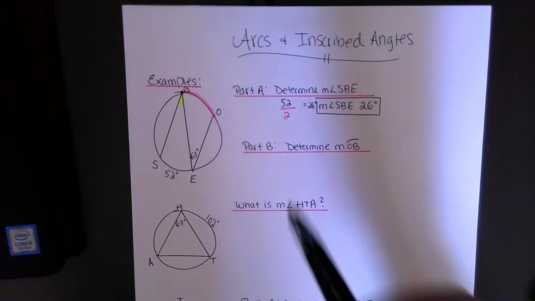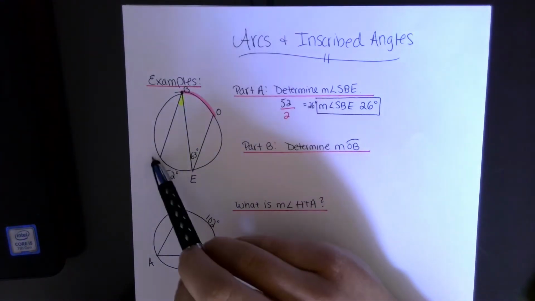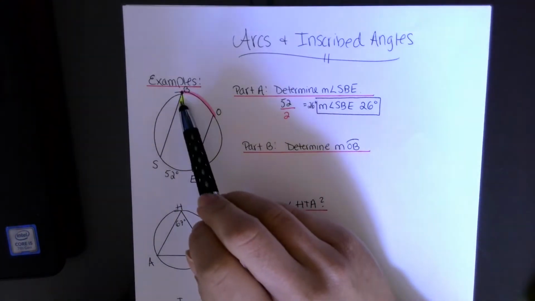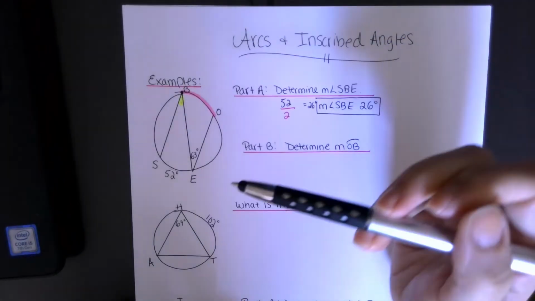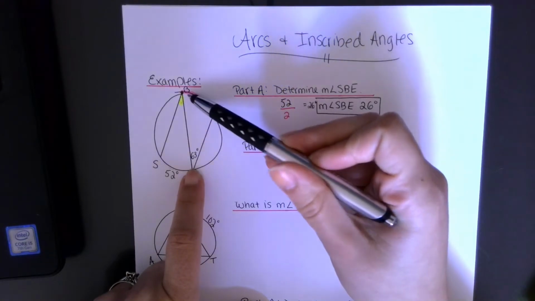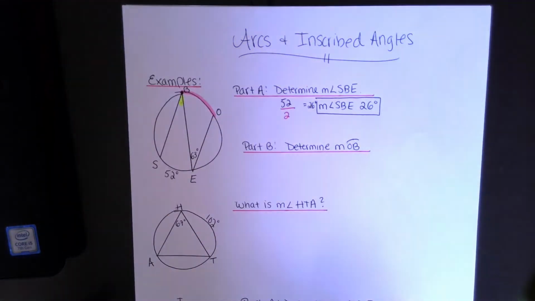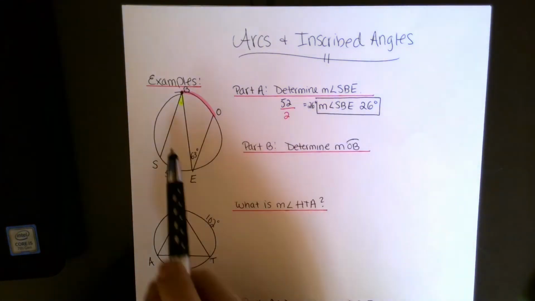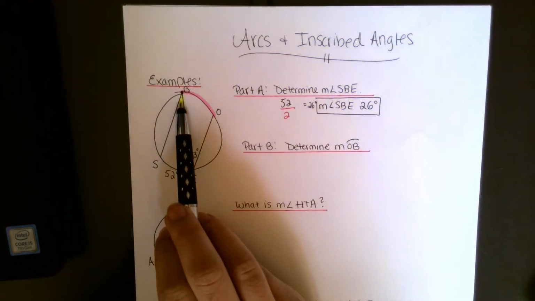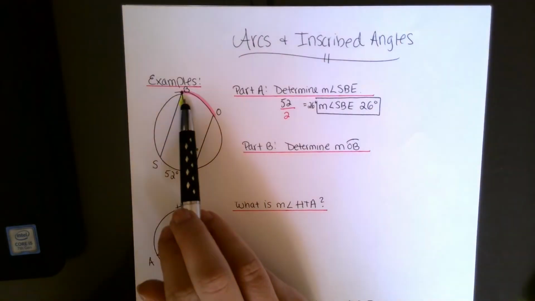Now, we said that half of the arc gives you your inscribed angle. So if I'm given my angle and I want to know what the arc is, all you're going to do is multiply it by 2. For example, let's say we knew this was 26 degrees. How would I get 52? You multiply it by 2. It's the reverse of what we did.